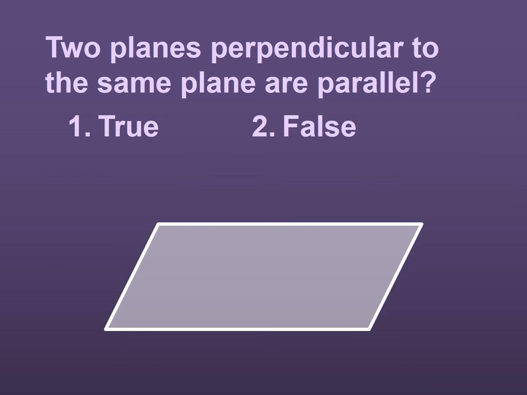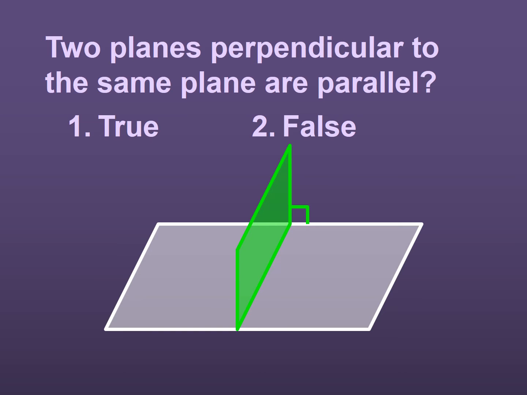So let's look at some questions. It says that two planes perpendicular to the same plane are parallel. Is that true or false? So again, you're looking at two planes, and both of those planes are going to meet at 90-degree angles to a third plane.